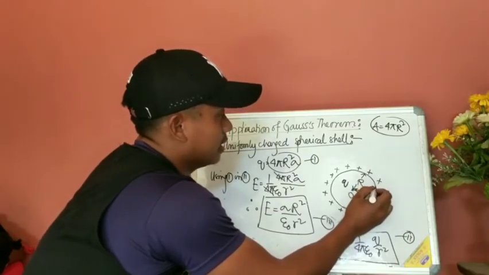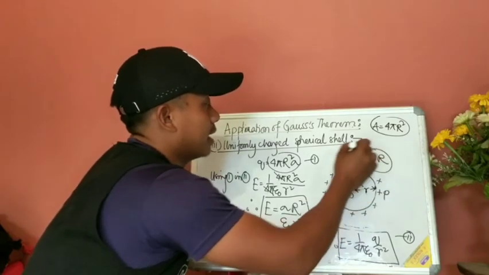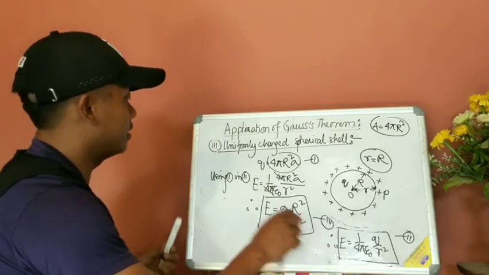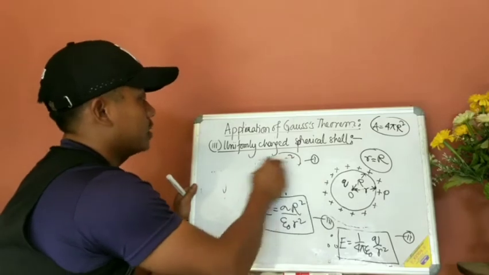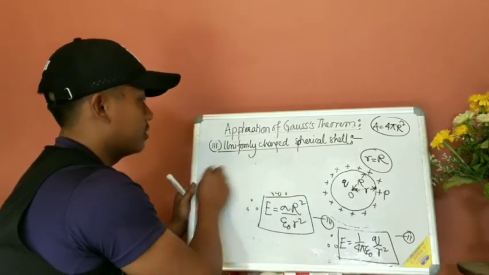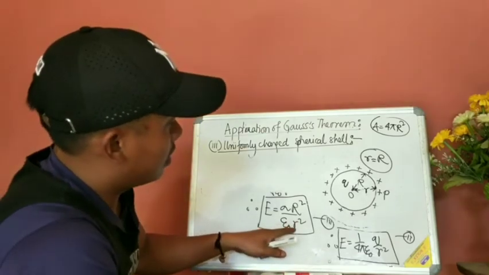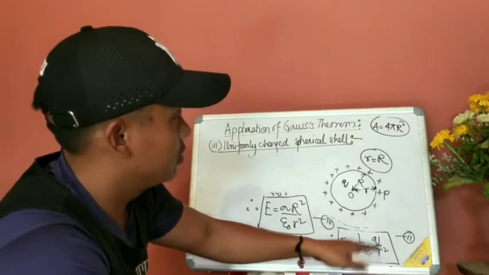Then obviously small r is equal to capital R. And the second case, when the point P lies on the surface of the cell, instead of this small r, you can replace it by capital R, even here also.